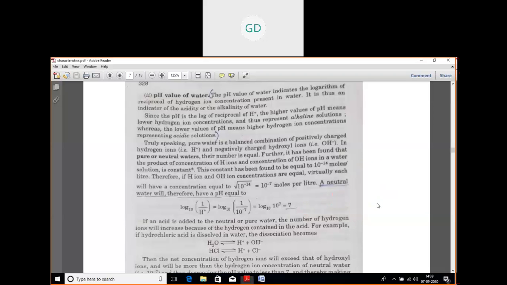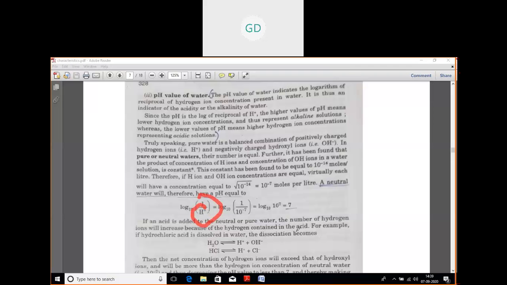The more your H plus ion value increases, the lesser your pH, since there is a negative sign here. More hydrogen ions means lesser pH value, and fewer hydrogen ions means higher pH.